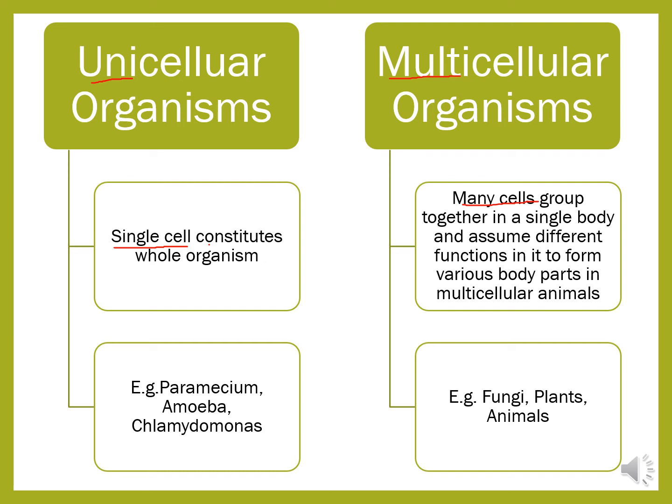Basically, unicellular organisms are organisms with a single cell, and multicellular organisms have many cells. Here you have examples paramecium, amoeba, chlamydomonas, and in multicellular you have examples of fungi, plants, and animals.